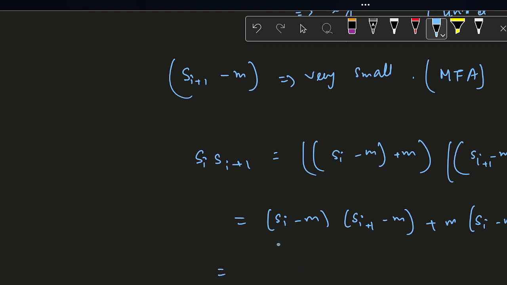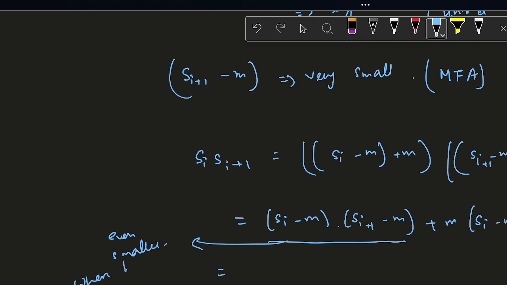So what you see is that in the first term you have (Si minus m) into (Si+1 minus m), where each of the quantities is itself very small, because I just said that the mean field approximation says that fluctuations of each spin from the average magnetization are very small. So when you are multiplying two very small terms, their product becomes even smaller.